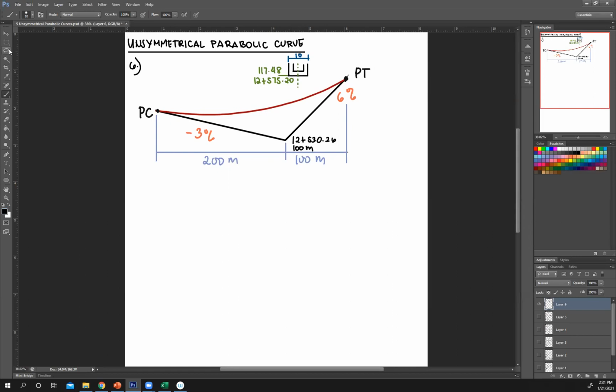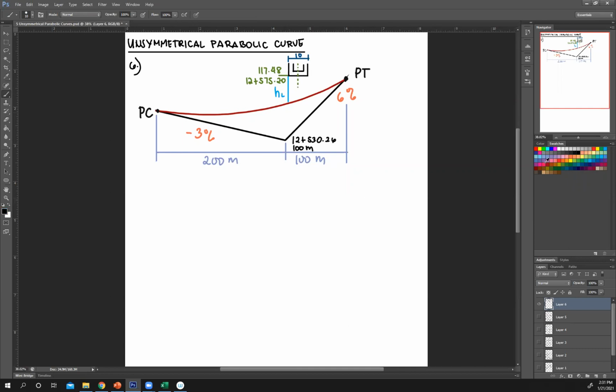We want to know this height, the clearance at the left side. Let's call that H1 or HL, the height at the left side.